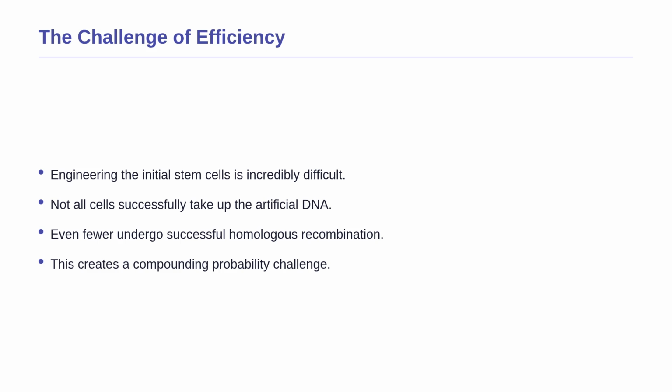Not every cell takes up the DNA, and among those that do, only a tiny fraction undergo successful homologous recombination. This creates a compounding difficulty where we are essentially calculating a fraction of a fraction. Understanding these low cellular efficiencies is crucial for planning the experiment and ensuring we start with enough cells to get a successful result.